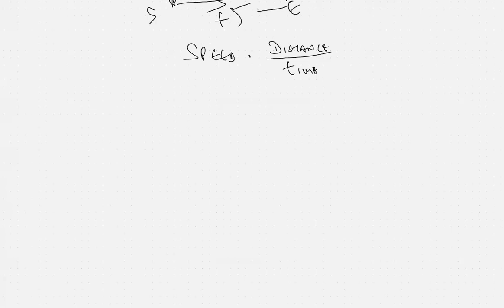Within a given time period, it could be per second, per minute, per hour. We go for per second because of SI units. It is what distance an object, a man, or anything has traveled. But because distance is a scalar, it didn't give any direction. The speed is a scalar as well.